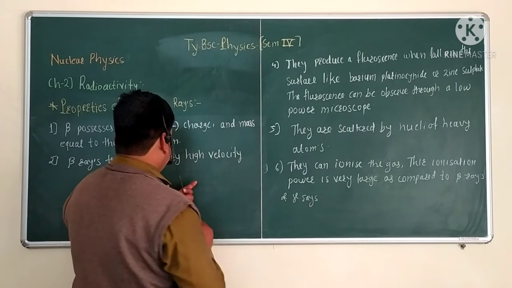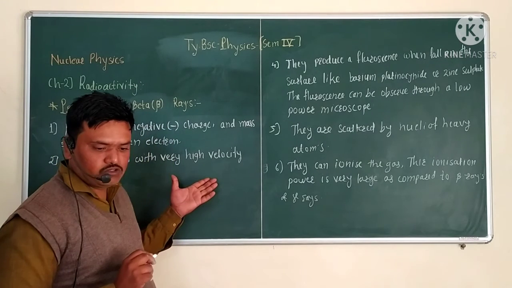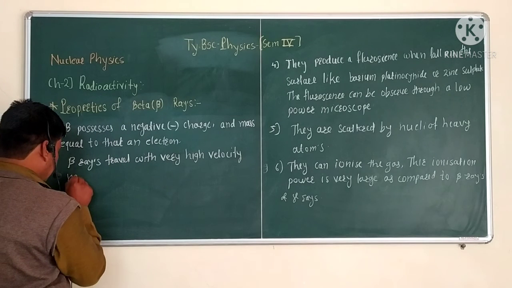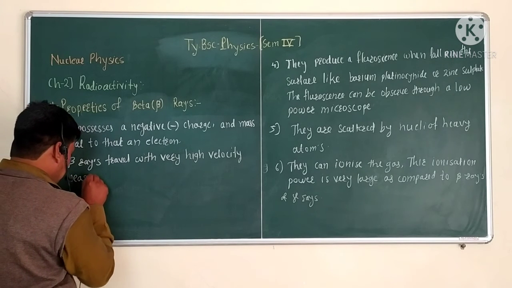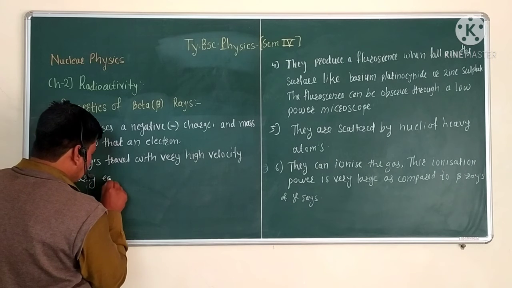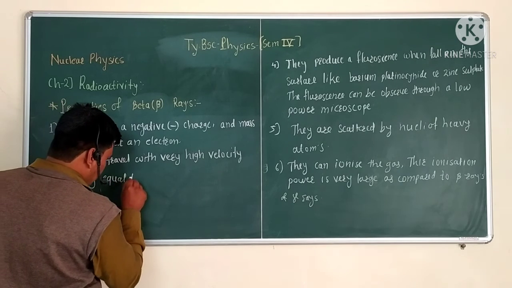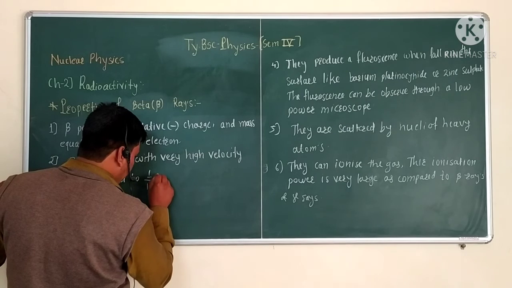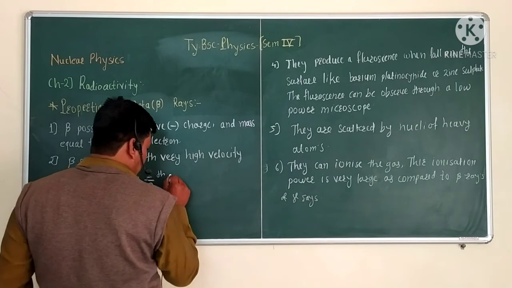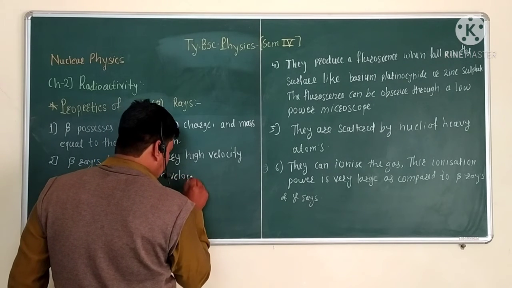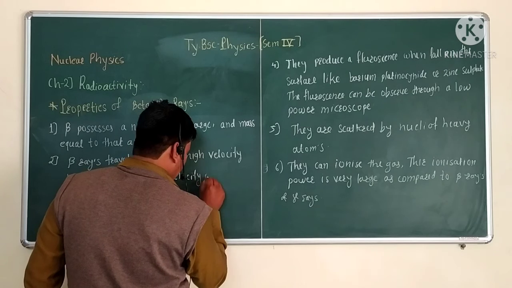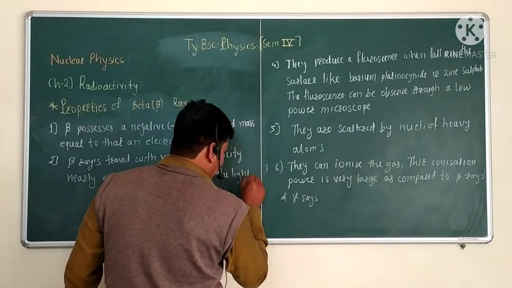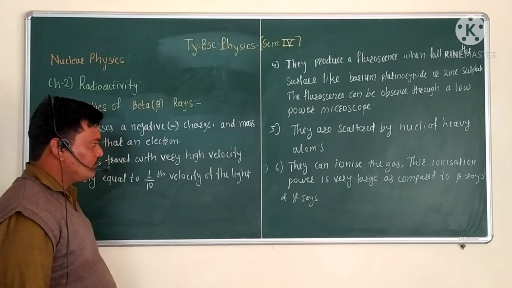So beta rays travel with very high velocity, nearly equal to 1/10 the velocity of light. That is the second property of the beta particle.